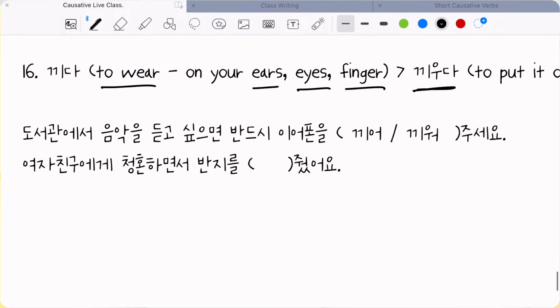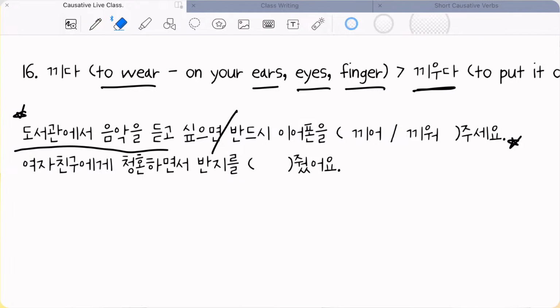자, 그러면 let's move on to this sentence. 도서관에서 음악을 듣고 싶으면, in the library, if you want to listen to music, 반드시 is an adverb that usually goes with imperative sentences or 아어야 돼요, 아어야 해요 endings to emphasize you must do it, or you have to make sure to do it.